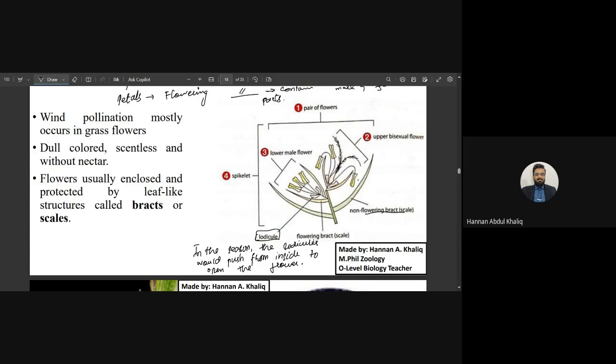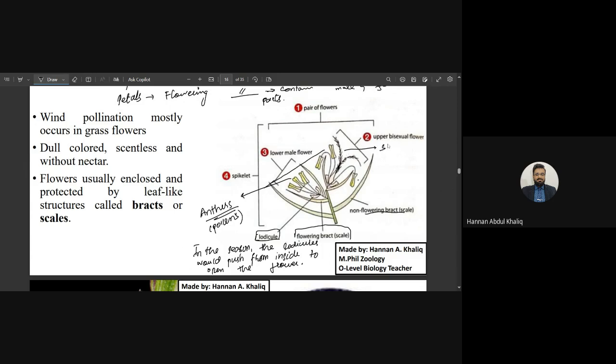Now you can see inside the flowering bracts, these are the anthers, which means they would be releasing the pollens. And these are also anthers, but one part here is the stigma.